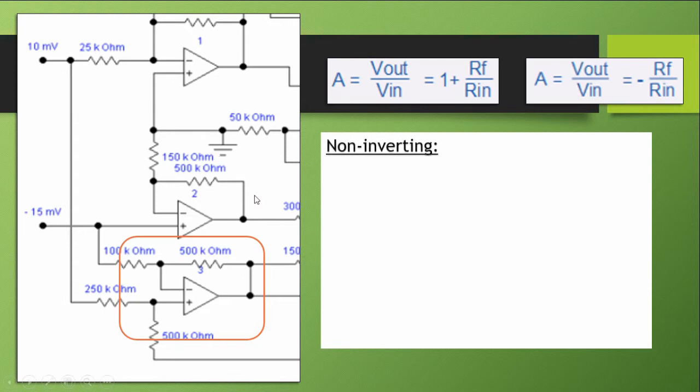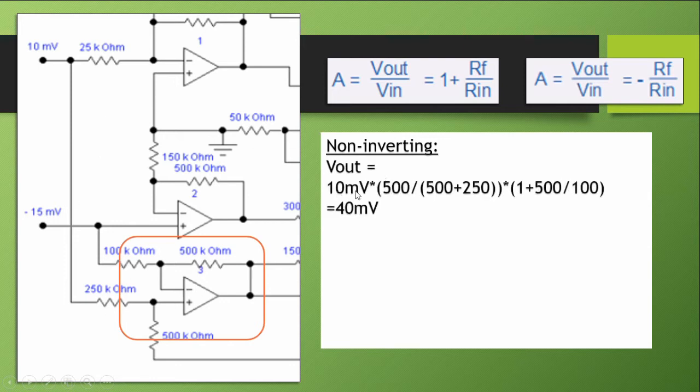For the non-inverting, we have 1 plus 500 over 100, and then our input is 10 millivolts.